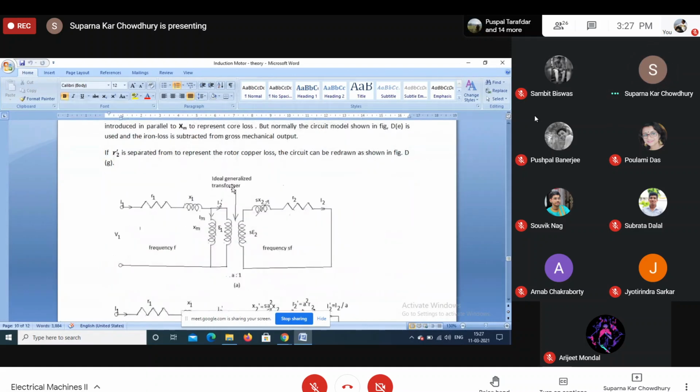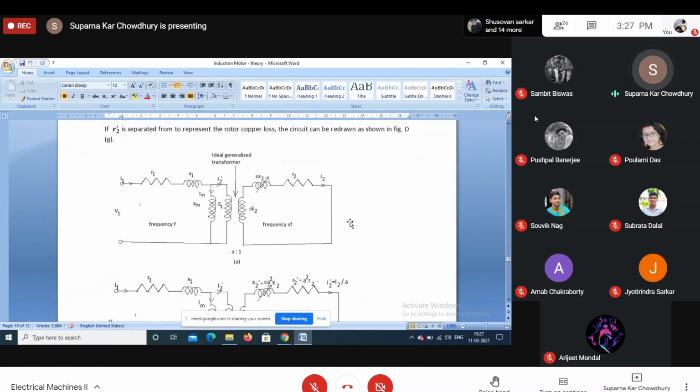Now, our first thing is that when we are developing the phasor diagram, this is the first stage. That is, our induction motor is similar to the transformer. So from that point of view, we develop the equivalent circuit. In the primary, we will have primary resistance R1, primary reactance X1, and in the primary there is a magnetizing current flowing.